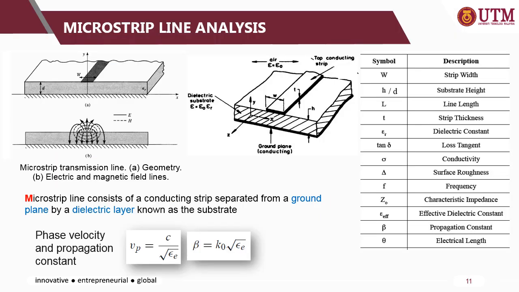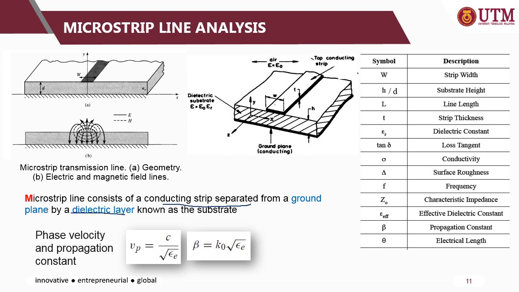So for microstrip line analysis, please make sure you know the difference between the structure itself, how the microstrip and the strip line look. The strip line is sandwiched in between two ground planes, while the microstrip basically consists of a conducting strip separated from a ground plane by a dielectric material.